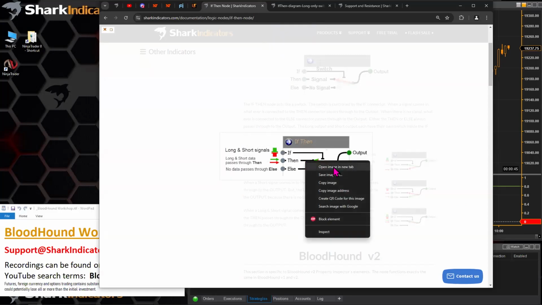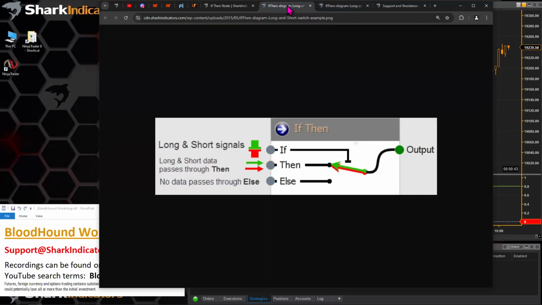So this is what you would want to do in the example I gave you. You would want a long and a short signal always together and never one or the other. That way your two switches here are always switching together, at the same time.